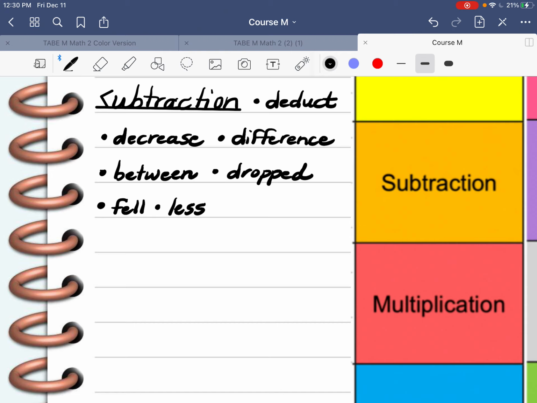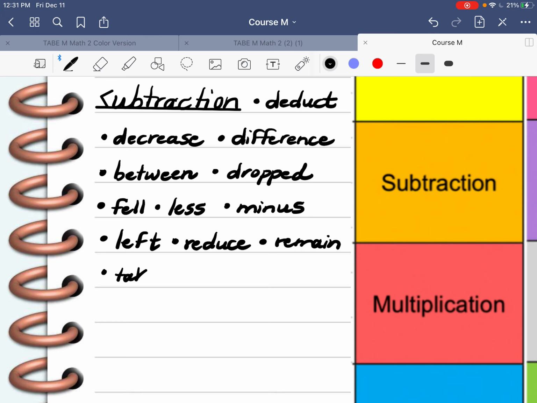Less, minus, left, reduce, remain, take away, any word that ends in ER, like taller, fewer, smaller, larger, longer, shorter, farther, any word.